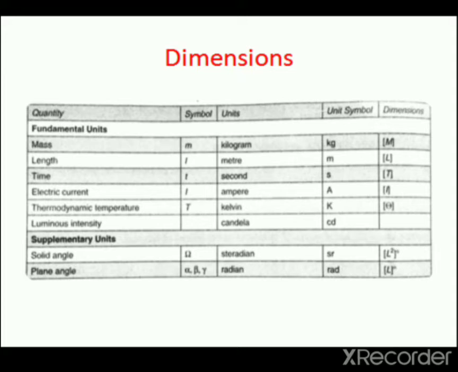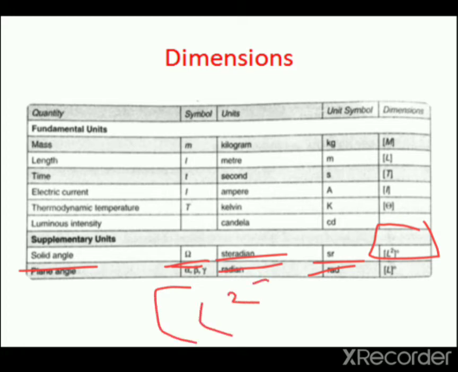If we consider the second type, that is supplementary units, here solid angle is there. For that, the symbol is omega. The unit is steradian. The unit symbol is sr, and the dimension is, in square brackets, L square and bracket raised to 0.